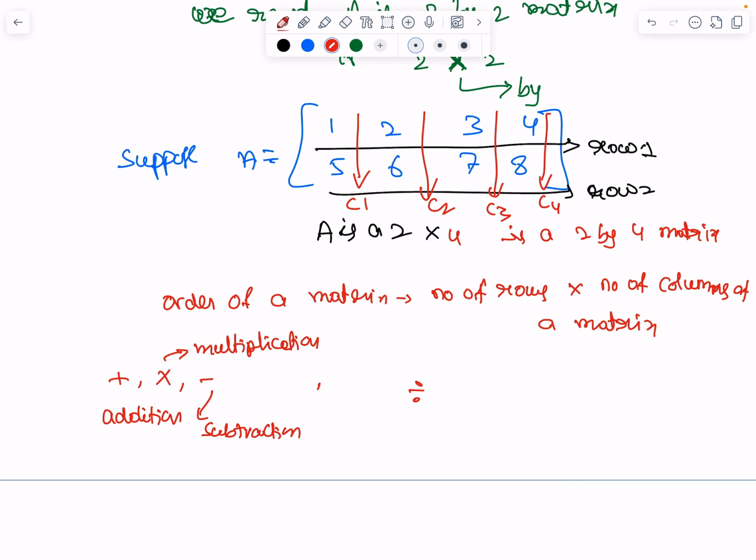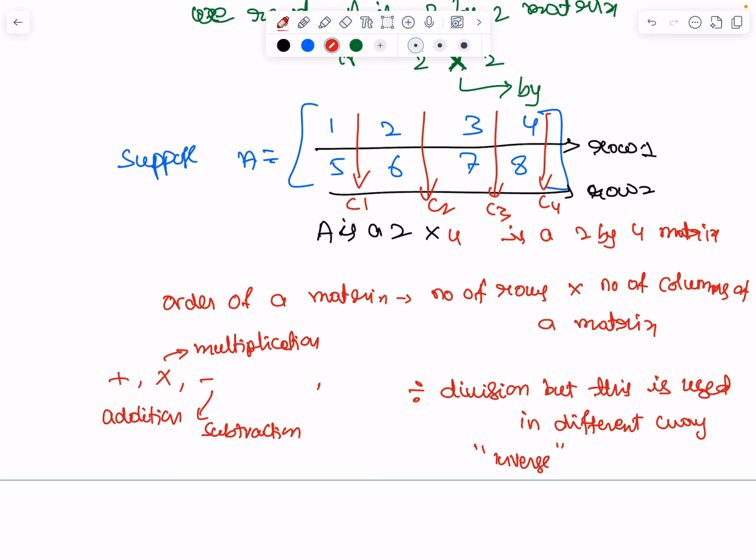We have another operator, division, but this is used in a different way, like inverse. We will see how to handle that, and how to use this operation, later in the course.